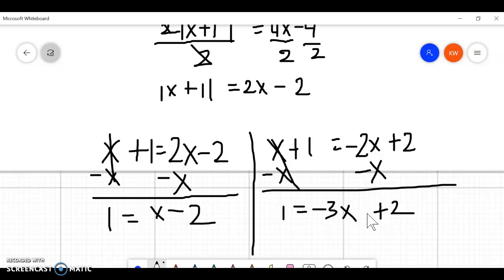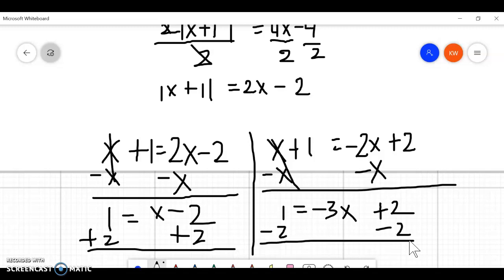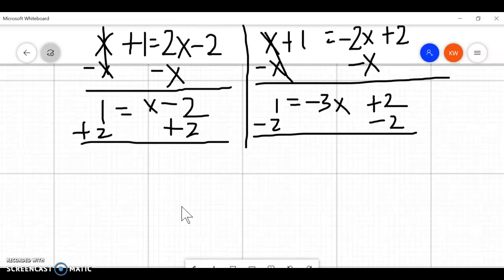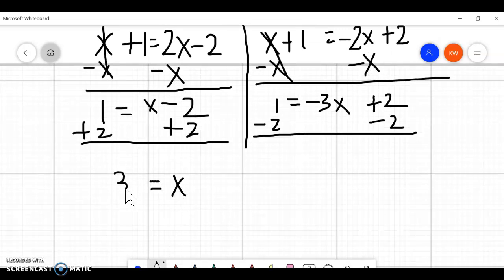Now my next step is adding the 2 to the other side on the left, and on the right I'm going to subtract 2 because it is currently positive. So I have 1 plus 2 over here and 1 minus 2 over here. Over here, I have x equals 3.